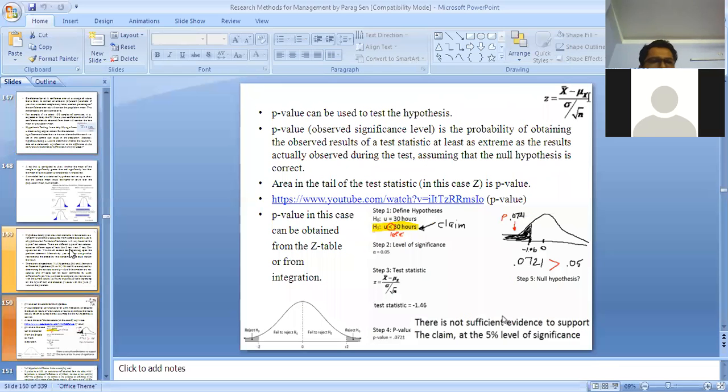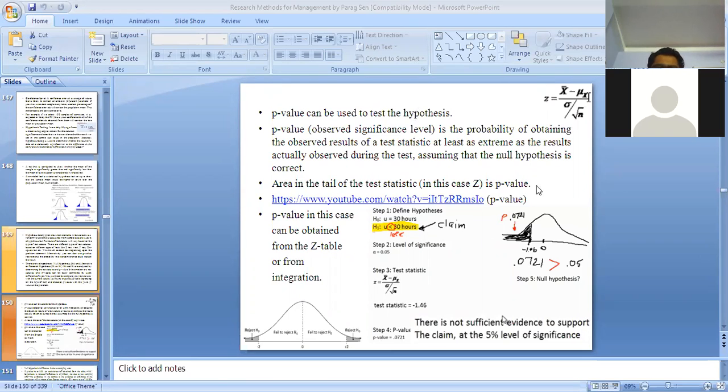Okay, so suppose here in this case, you are dealing with z statistic. This is the formula of the z statistic, and you can see that your test statistic is minus 1.46.